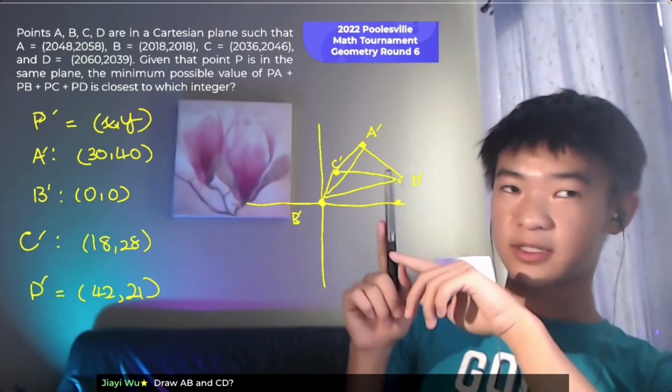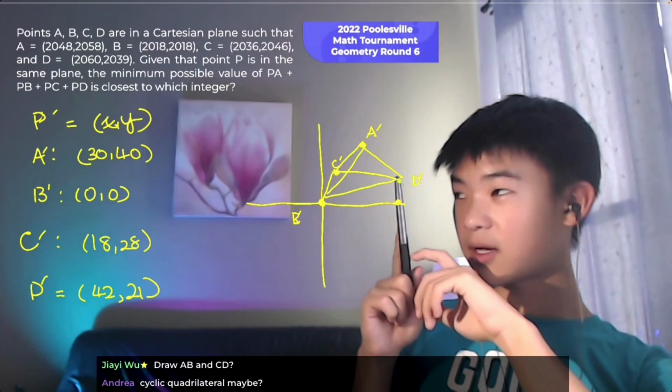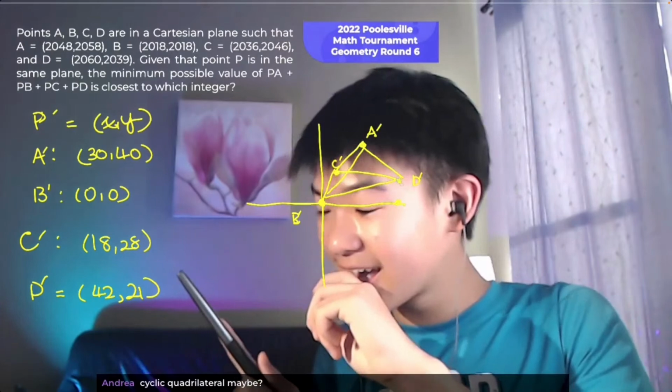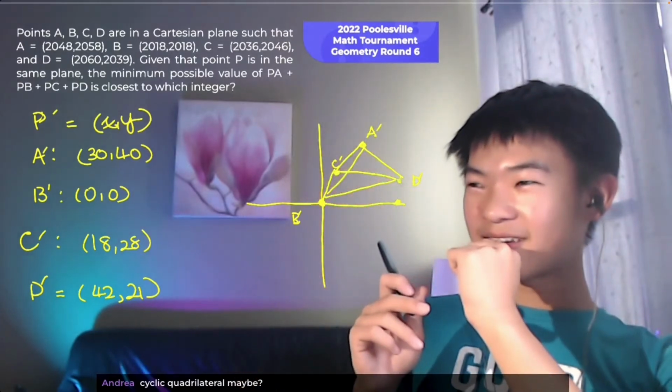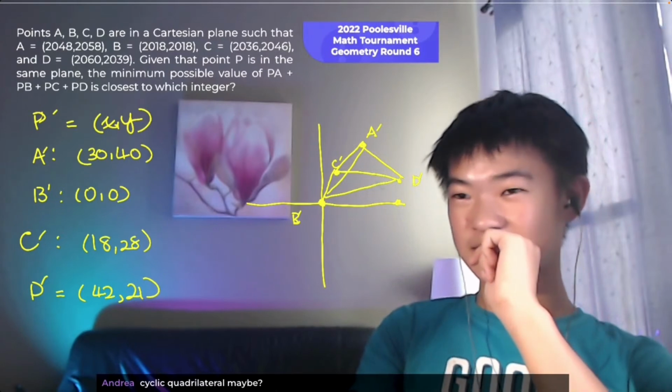If P is the intersection of the diagonals, that would give a value, but actually, what if P is the intersection of the diagonals?